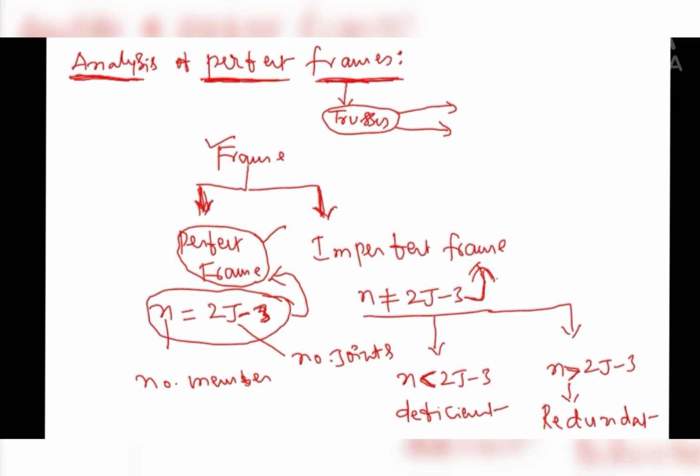When a frame does not satisfy the equation n is equal to 2j minus 3, we will call that frame an imperfect frame. If it is not equal, it should be less than 2j minus 3 or more than 2j minus 3. If n is less than 2j minus 3, we'll call that frame a deficient frame, and if n is greater than 2j minus 3, we'll call that frame a redundant frame. Clear?